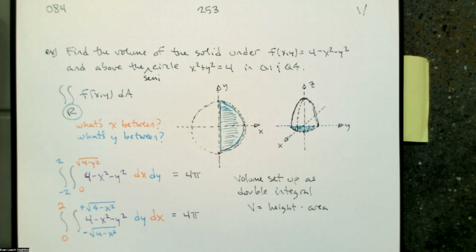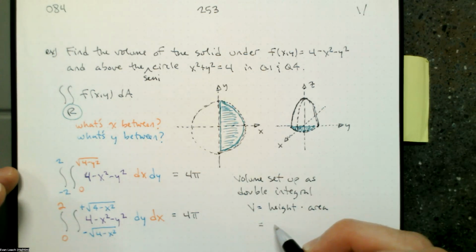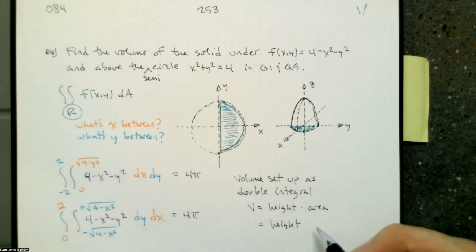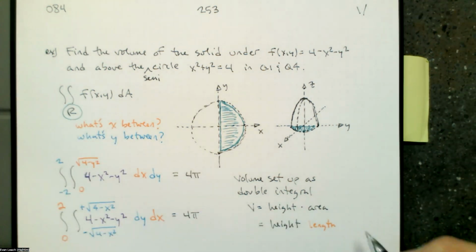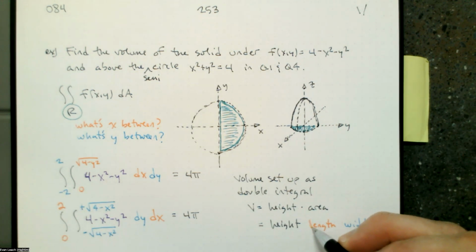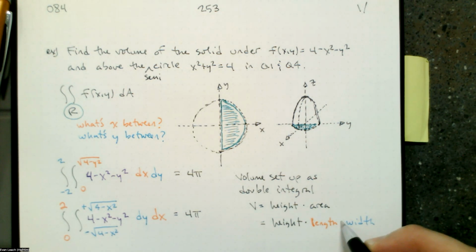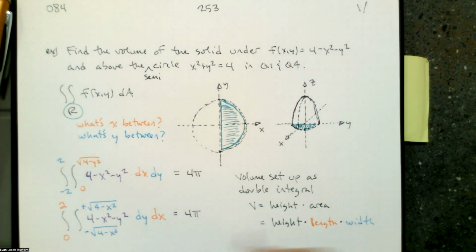And once we wrote our area as dx times dy or dy times dx, we wrote the volume as height times length times width. Nothing fancy here. We're just using the idea of what volume is. Volume is some height, some length, and some width. This three-dimensional space that we're taking up.